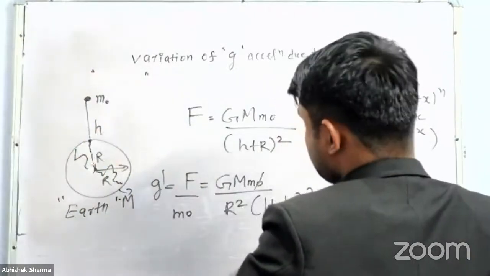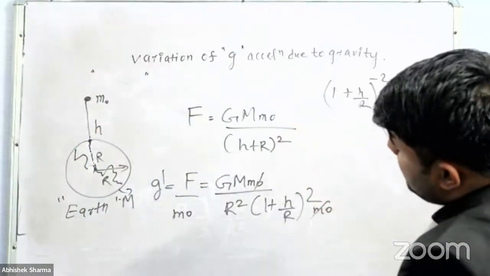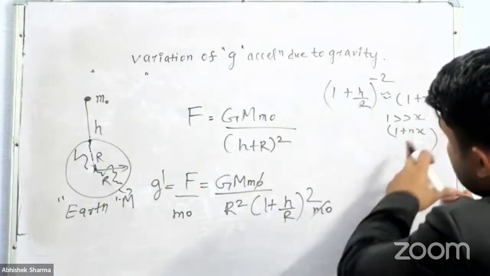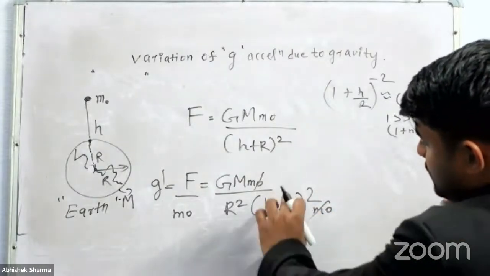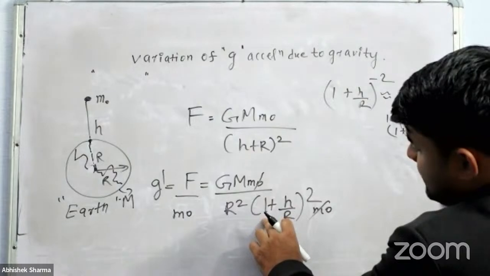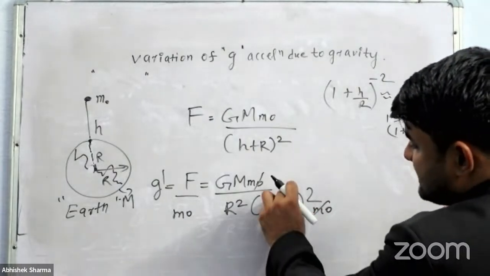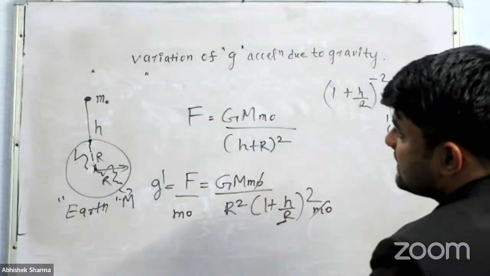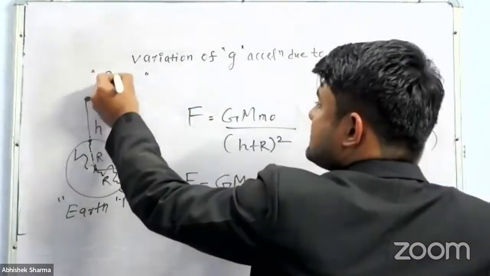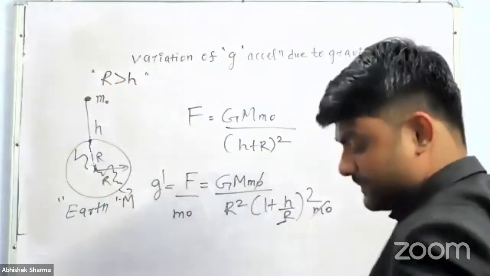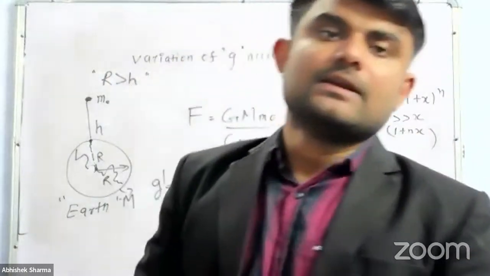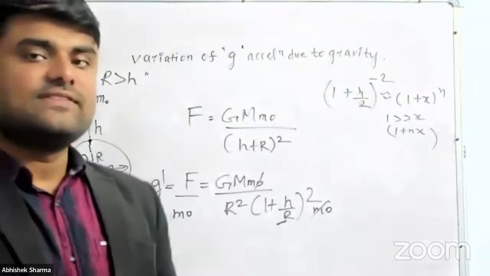So you'll write here, because if it goes up, you have to apply binomial expansion. For this to be less than 1, the radius must be greater than h. Because if the denominator is greater, this is less, so this will be very small. So I'll say R still dominates. Let me explain the reason behind this.